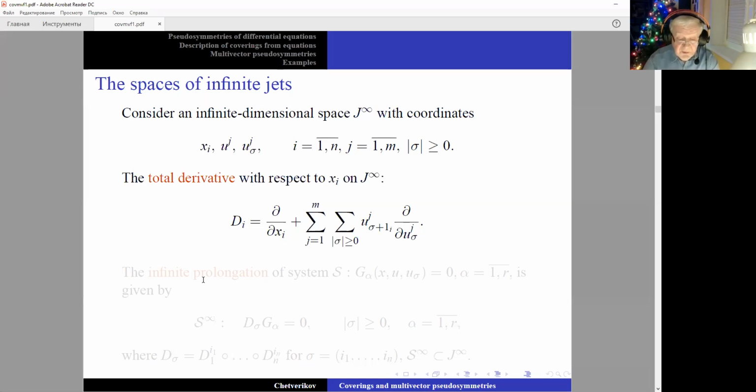Next, we will use the language of infinite jets. Namely, consider an infinite dimensional space with coordinates x, u, sigma. The total derivatives with respect to x_i on this space.